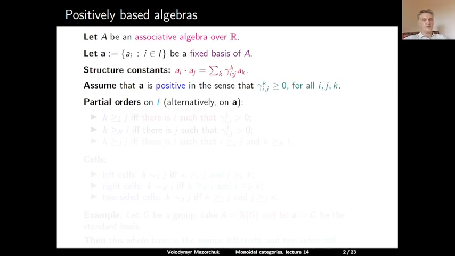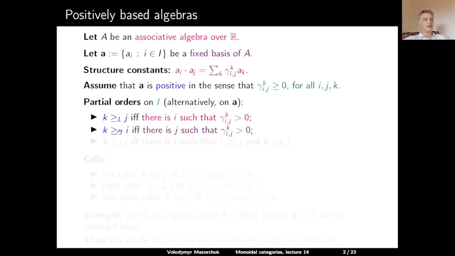Or alternatively, we can think of this as a partial order on our basis bold A. So we define k to be left greater than or equal to j if there is an i such that the structure constant gamma_ijk is greater than 0. In other words, if a_k appears with a non-zero coefficient in the decomposition of a_j multiplied on the left with some a_i.